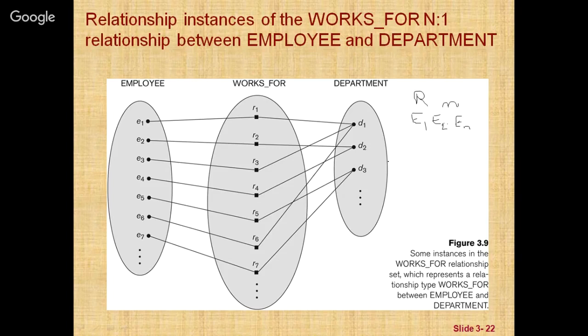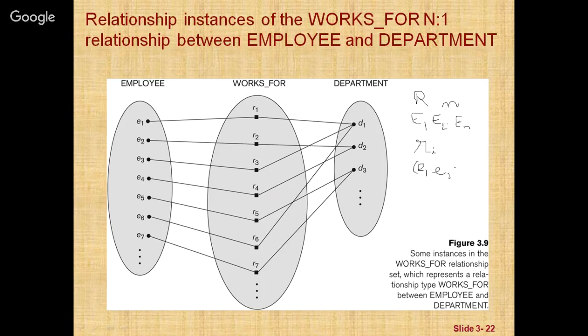Okay, so mathematically the relationship set R is a set of relationship instances small ri, where each ri associates n individual entities, that is entities E1, E2 up to En, right?